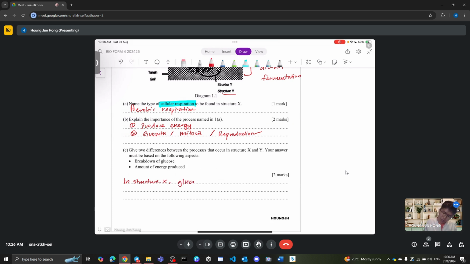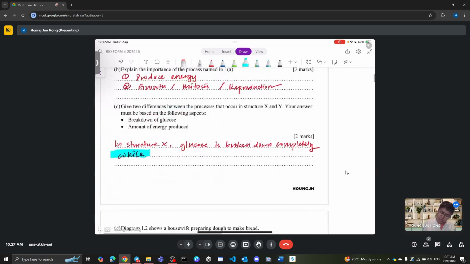Glucose is broken down completely. Remember, for a comparison, if you are required to write sentences, use the word "while": X is how, while Y is how, for example. In structure Y, glucose is broken down incompletely. You do not have enough oxygen, so you have to do it incompletely. So the keywords over here are completely and incompletely.